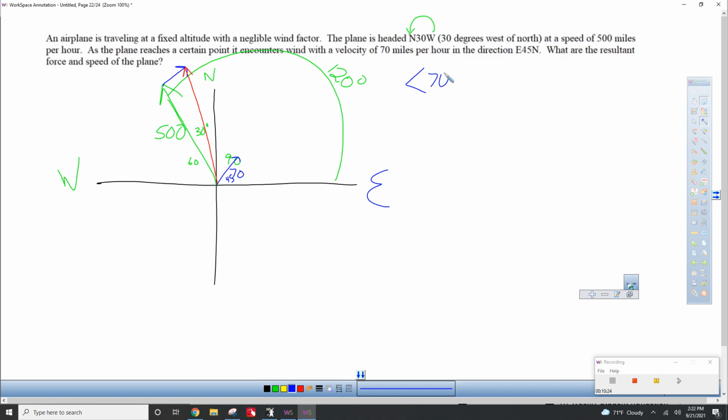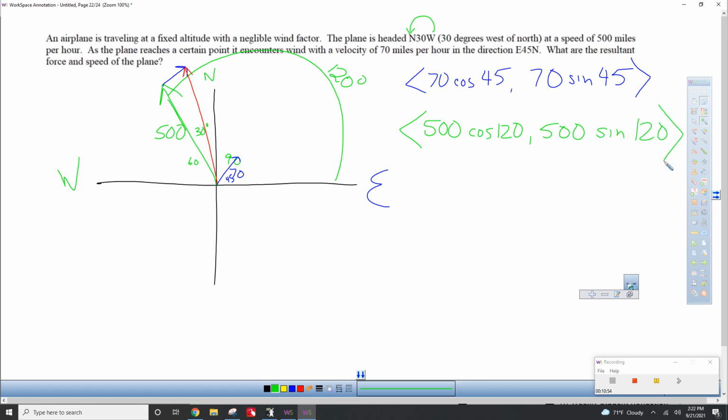So the blue one is 70 cosine of 45, comma 70 sine of 45. Okay, the green one is 500 cosine of 120. We've got to use that direction angle, comma 500 sine of 120.